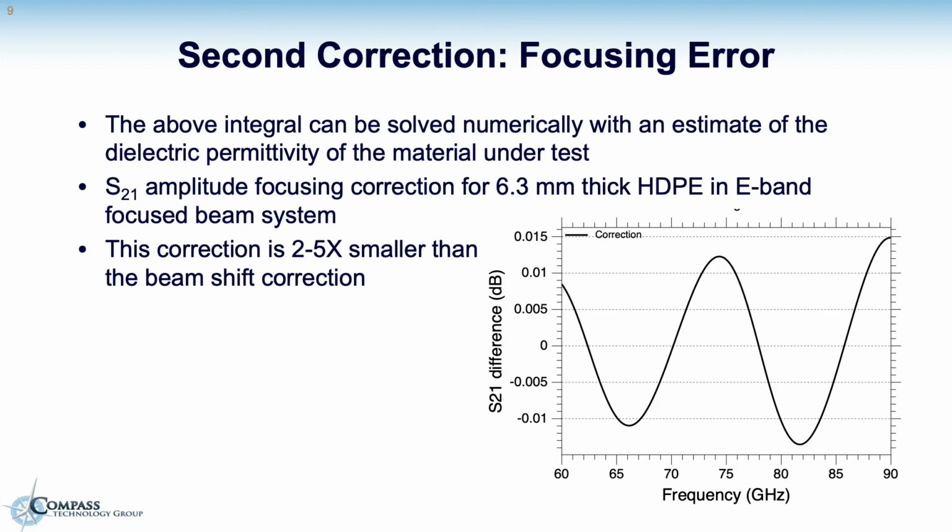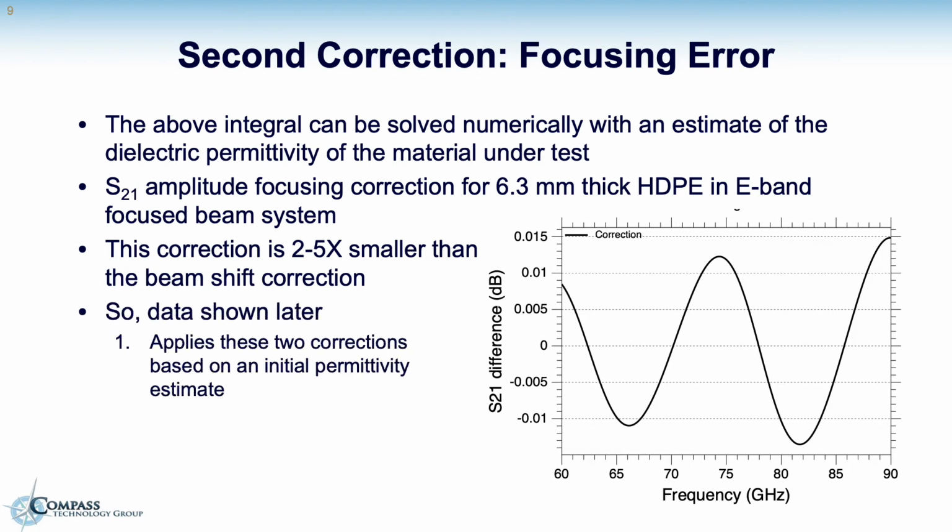You'll notice that the differences that we see in the transmission coefficient based on this focusing error correction are on the order of maybe 1/100th of a dB, or maybe a couple hundredths of a dB at most. So it's a very, very small effect. It's typically, in a focused beam system, 2 to 5 times smaller than the beam shift correction.